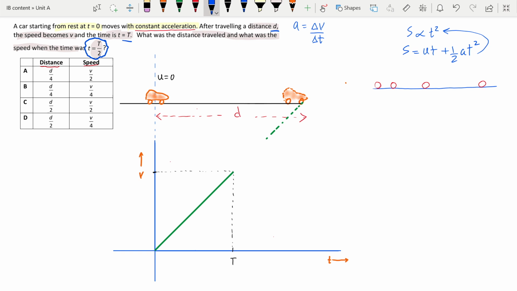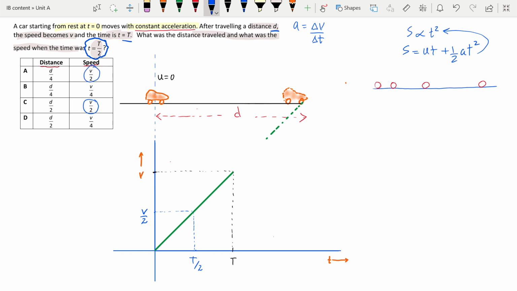At the time t by 2, the velocity must be v by 2 because it is increasing uniformly. So at the time t by 2, velocity must be v by 2. That's why the speed must be v by 2.